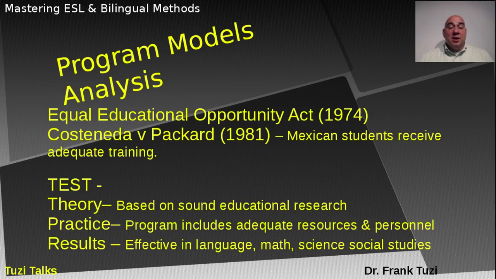A couple of years after that, in 1981, Castaneda versus Pickard was another lawsuit that went to the Supreme Court. And during this time, there were a bunch of Mexican students in Texas who sued because they did not believe they were getting adequate training.